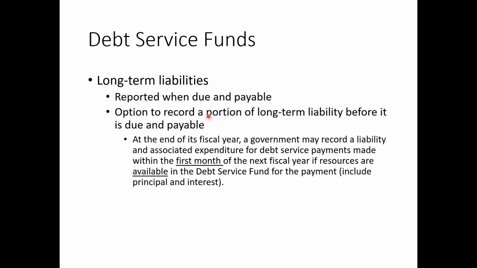There's an option to record a portion of long-term liability before it is due and payable. At the end of its fiscal year, a government may record a liability and associated expenditures for debt service payments made within the first month of the next fiscal year if resources are available in the debt service fund for the payment.